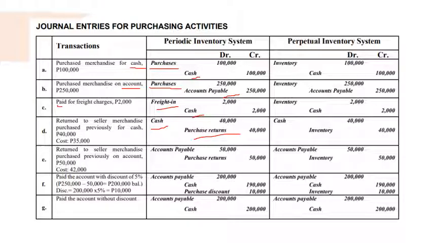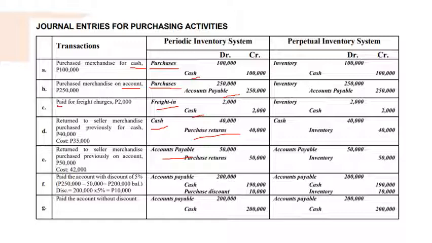If we return to the seller and our previous record is on account, instead of debiting cash, we will debit accounts payable. Again, this is the case if we no longer want any replacement of the goods and we just want to reduce our liability, or we want to get the refund or reimbursement of the payments that we have made.